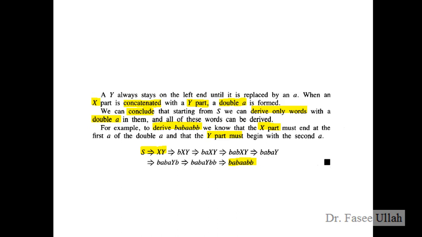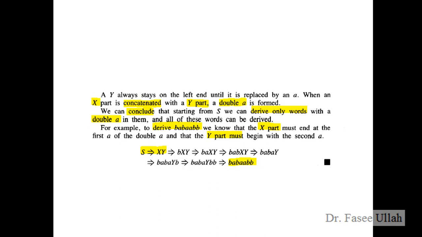For example, to derive BABAABB, we know that the X part must end with the first A of the double A's, and then the Y part must begin with the second A. So we have to obtain such a thing. We know XY, then we replace XY, getting the B value as well.